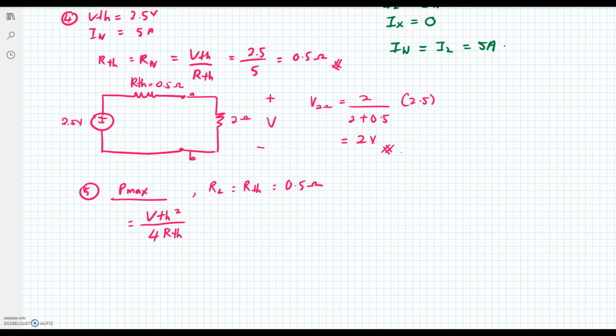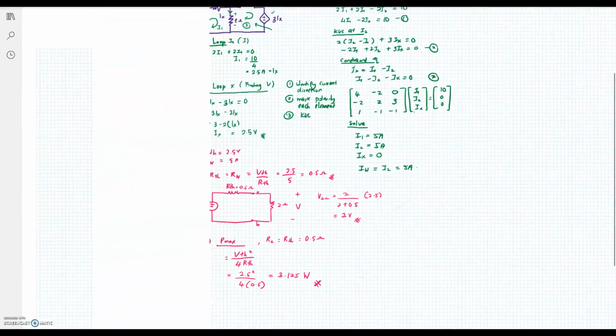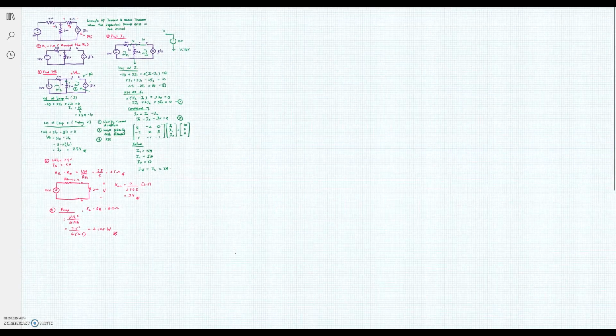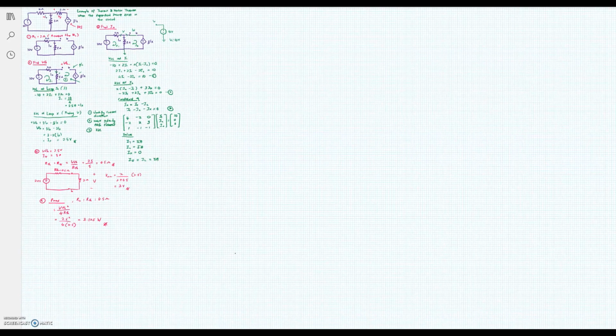Substitute into the Pmax equation, which is 2.5 squared over 4 times 0.5, then it should be equal to 3.125 watt. So this is the final value of the Pmax. So this is the solution of the circuit with the dependent source.